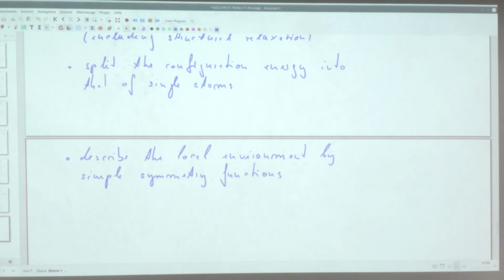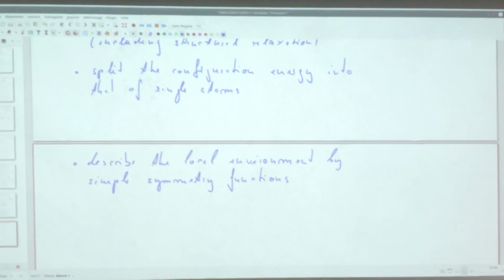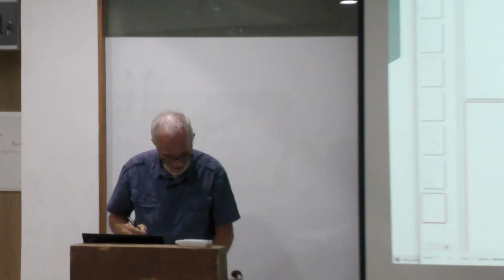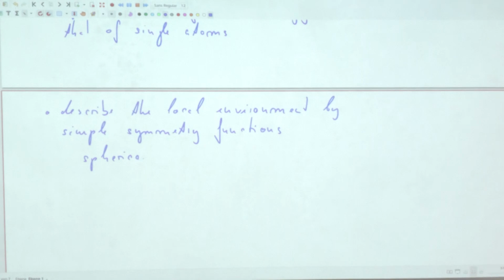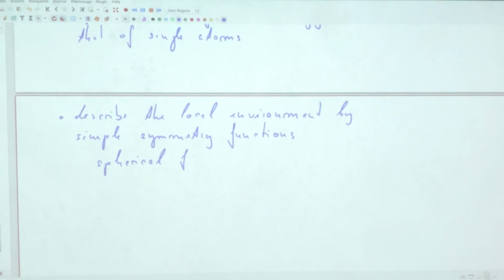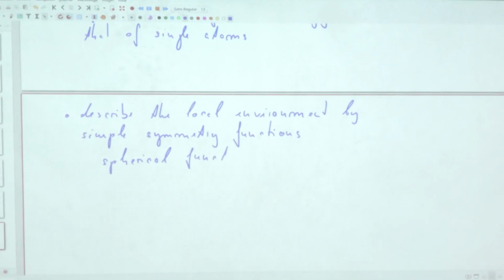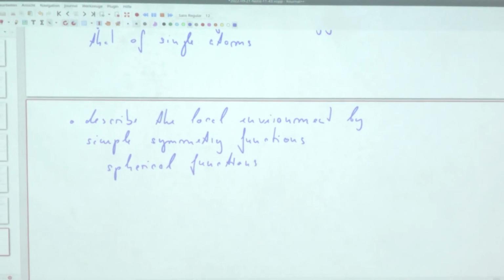They are called symmetry functions because they are invariant under certain transformations. For example, you can describe part of this configuration by a spherical part, so something which is rotationally invariant. That would correspond to a typical pair function. You have an aluminum here, a copper here, and something spherical, so it's depending only on the distance of these two. But also non-spherical.